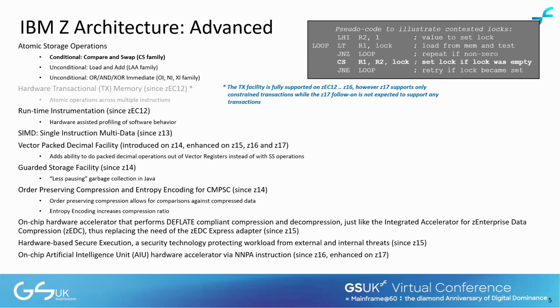But this proved to be rather unwieldy when we were working through the particulars of future designs and how to support it, given all the new stuff that we're looking at. So we're pulling it out, and Z17 is the first one where we've started to rescind transactional memory. It will only support constrained transactions, and whatever the follow-on is, presumably Z18, that machine is expected to not support the transactional facility at all.